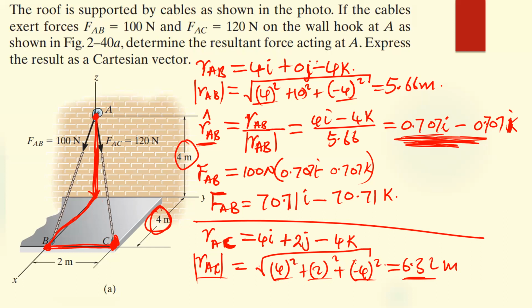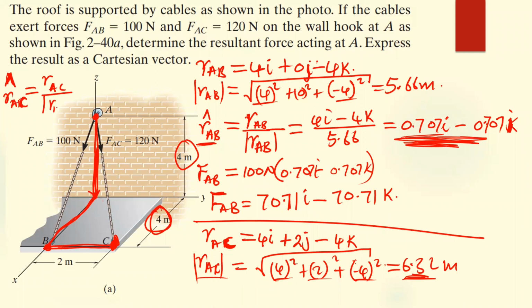In case they ask you to find the length of this cable, this is the length of the cable. Now, having found the length, we are going to divide the position vector by this magnitude so that we can find its unit vector. So how do we do that? To find the unit vector of rAC, not rAB, we simply divide the vector rAC by its magnitude.